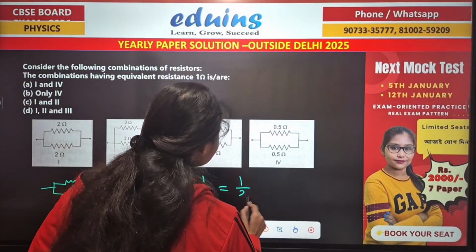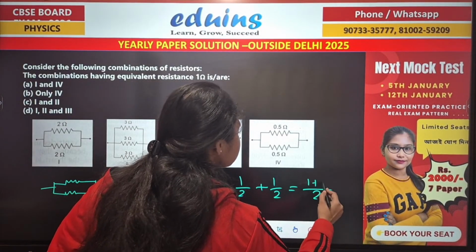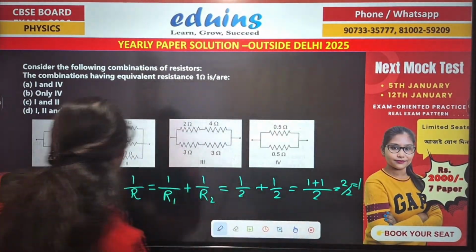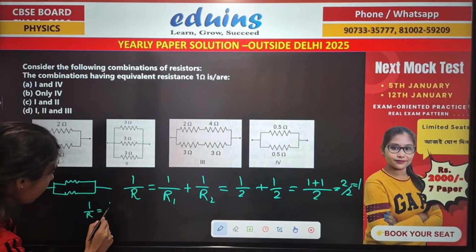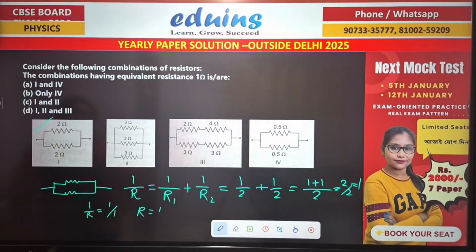So 1 by 2 plus 1 by 2, that becomes 2 by 2. Right? So this is 1 and 1 by R is 1 by 1. So R is equal to 1. So this is the circuit that has equivalent resistance 1 ohm.